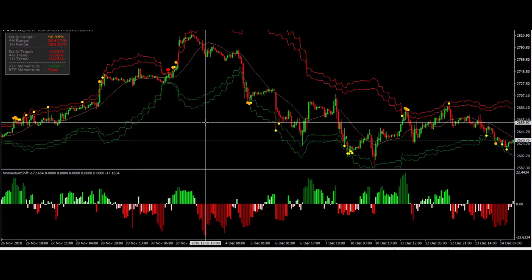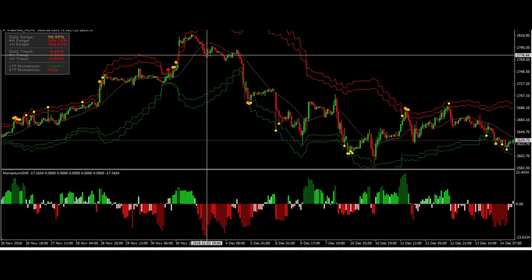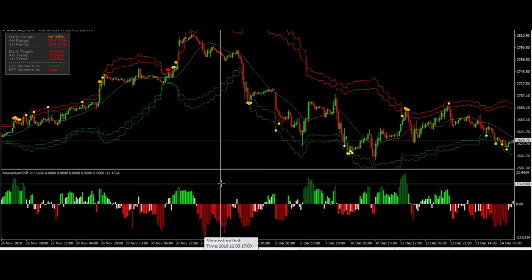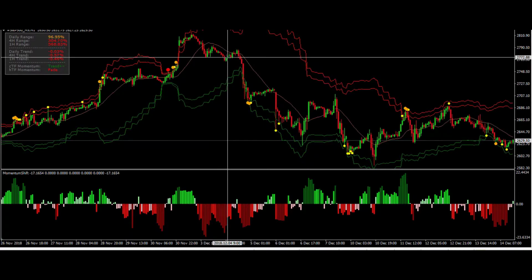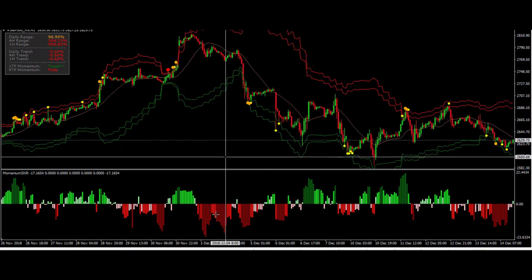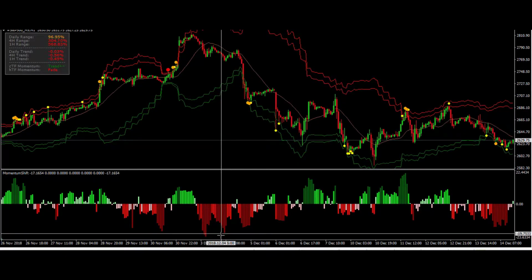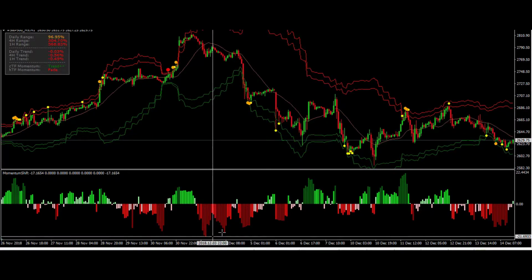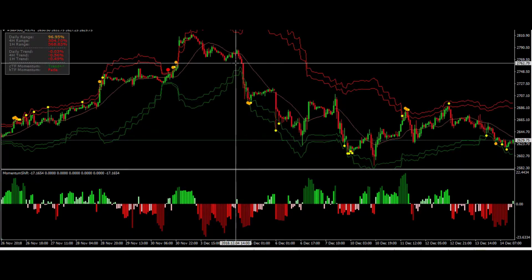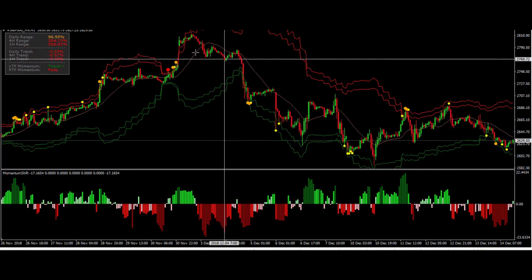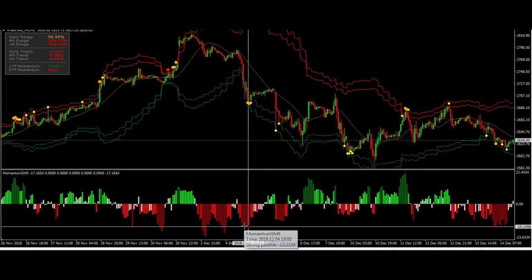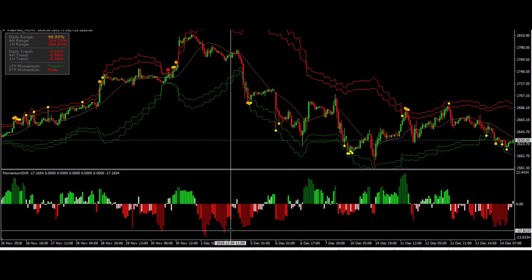So if you look at this situation right here, we have the market create a small swing low, and we have the histogram create a swing low. And then we have the market create another swing low that's just about lower than the previous swing low. And on the histogram, that's matched with a low that is higher than the previous low. And then again, we have the market create a swing low that is way deeper, way lower than the previous two swing lows, and on the histogram, that's matched with another low that is higher than the previous two lows.